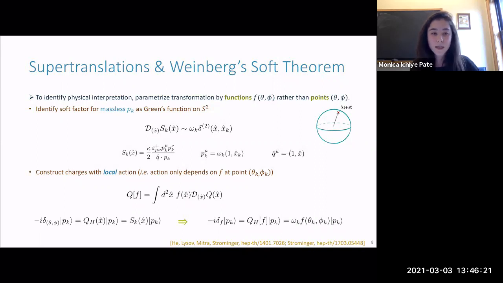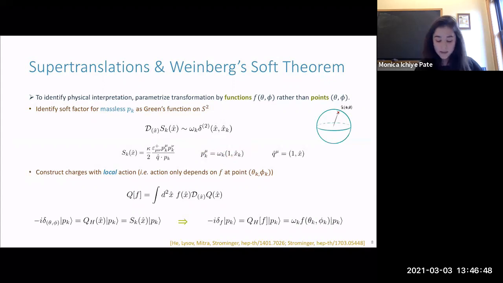To do this in a nice way, let's first consider the case when we're studying scattering that only involves massless particles. In that case, all particles are null, and we can parameterize every particle by an energy and a direction in which it's propagating.